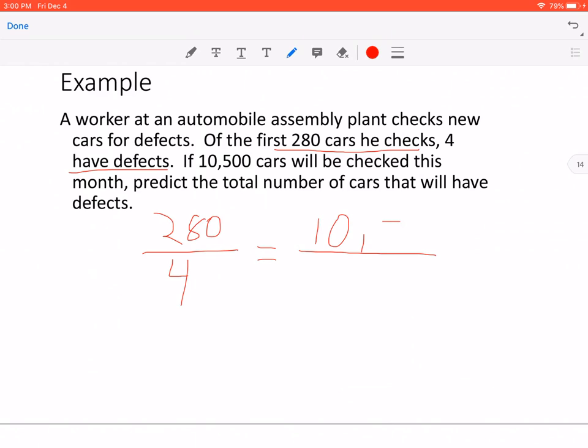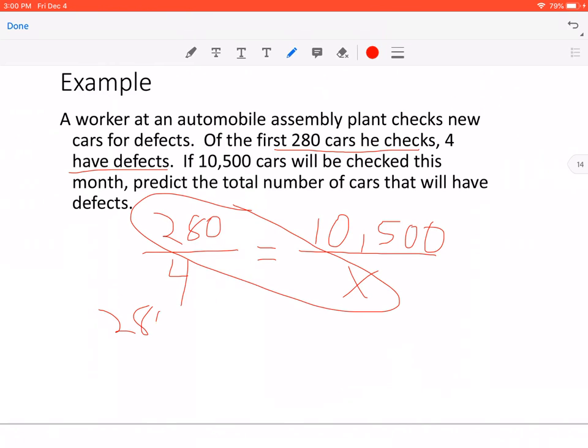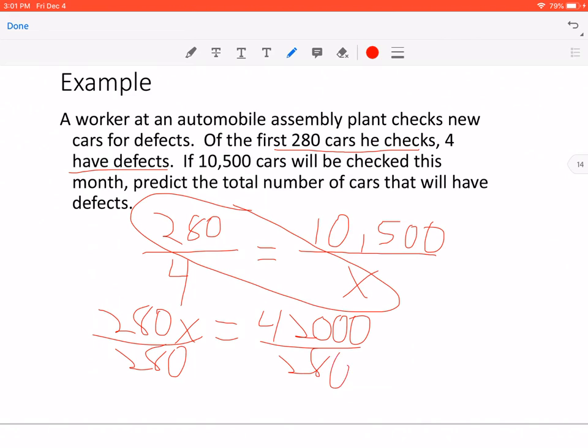So 10,500. X is here. So that's 280x equals 10,500 times 4, 42,000, and divided by 280. 150.